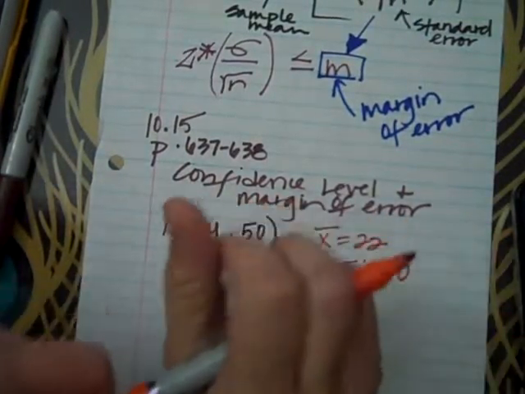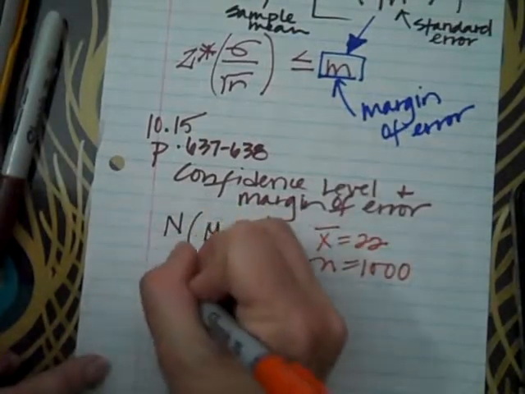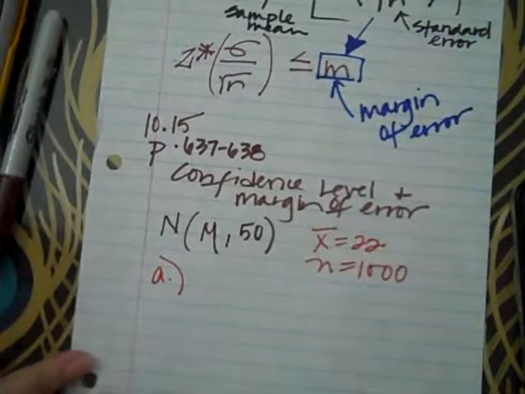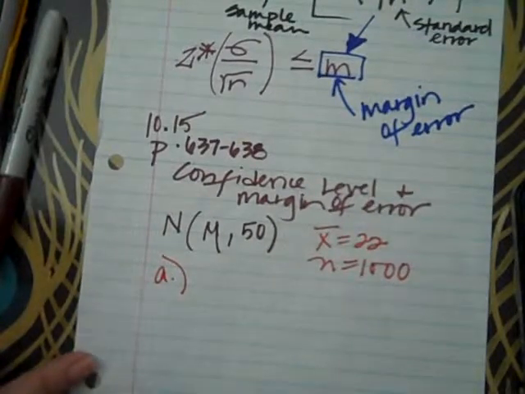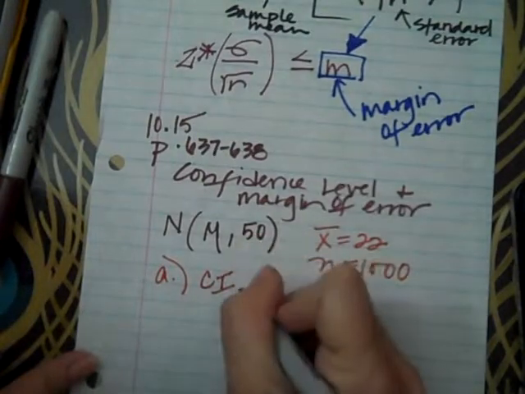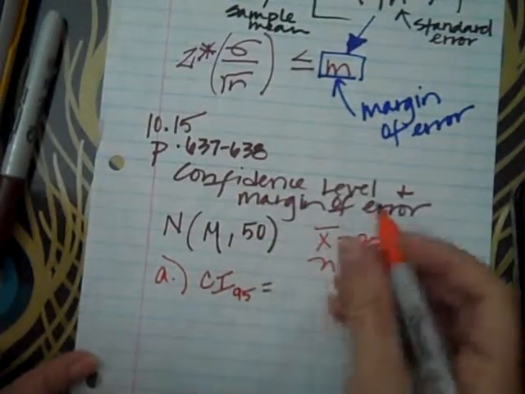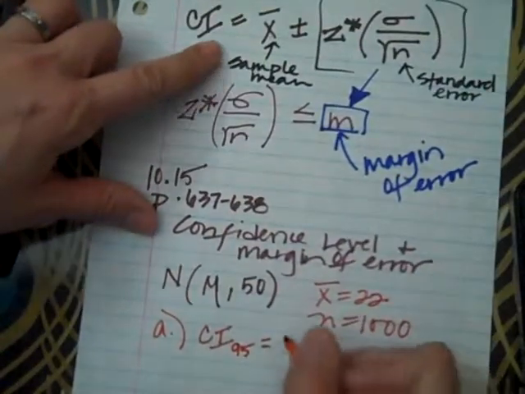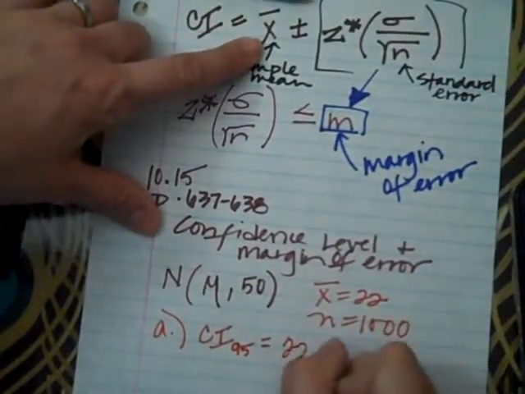Part A wants us to construct and interpret a confidence interval based on a 95% level of confidence. For our interval, we are going to use a subscript of 95 to show we have an X bar, our sample mean, of 22.